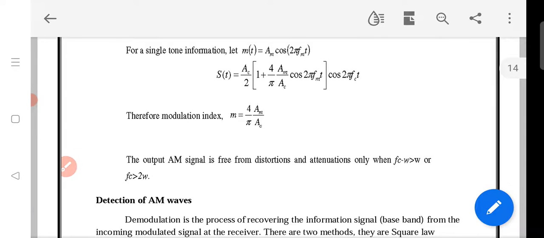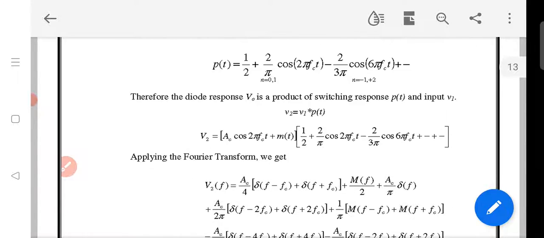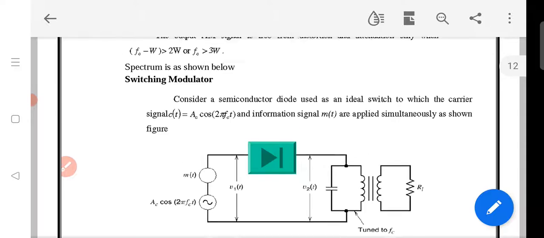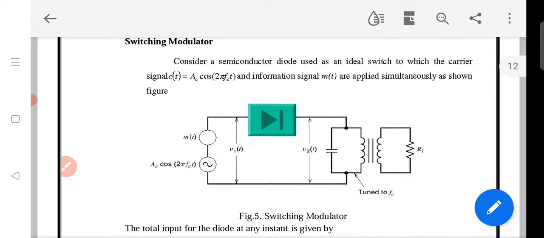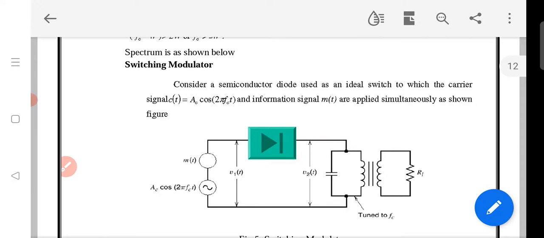So this is about the concept of generation by the switching modulator. This is the second technique, or more popular technique, to generate the AM wave.